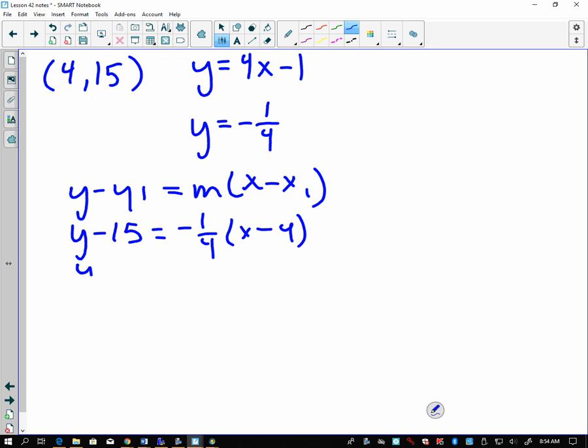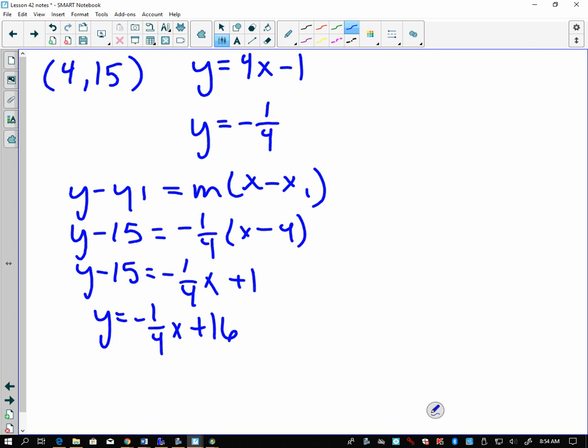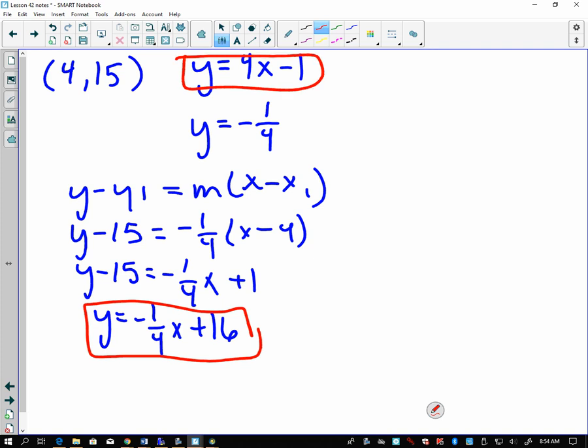Negative 1/4 times negative 4 is positive 1, and we're going to add 15. So y equals negative 1/4 x plus 16. All right, so these two equations have to cross.